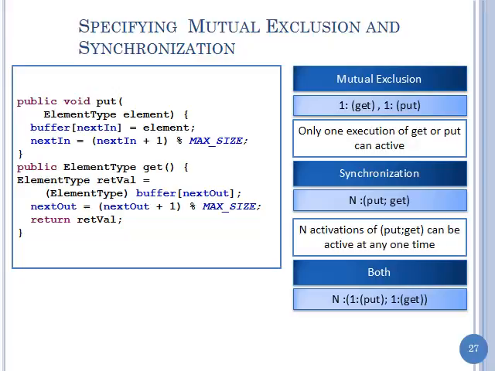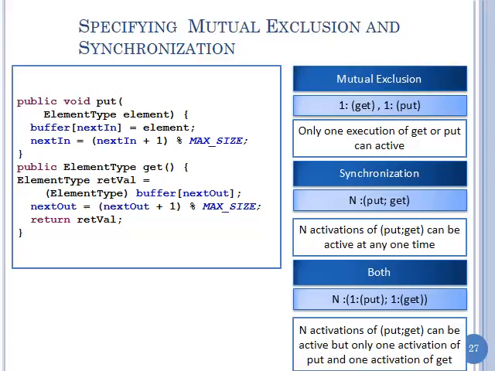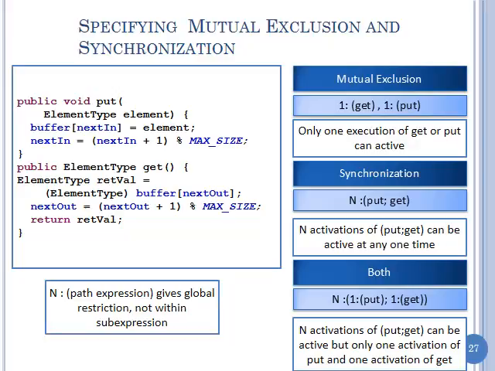This is somewhat confusing. One is a global value you're putting. You're saying you can have at most one active globally. It's not as if you're saying it's within the N. So it's N activations of put-get can be active, and only one activation of put and one activation of get.